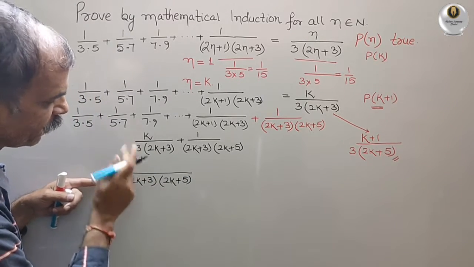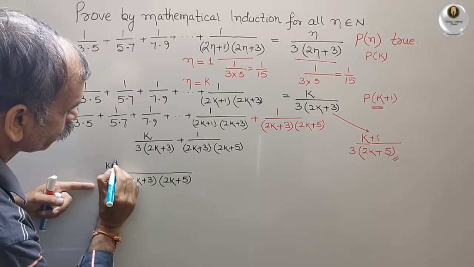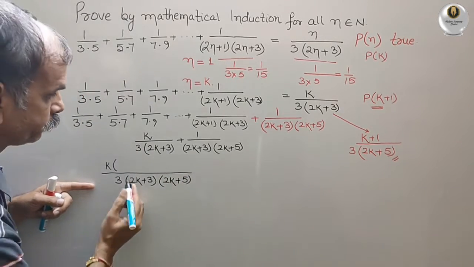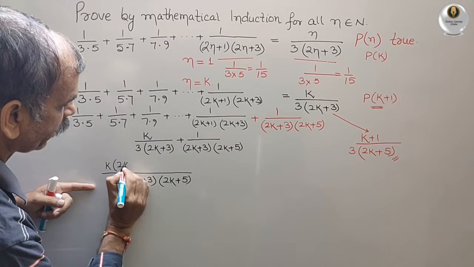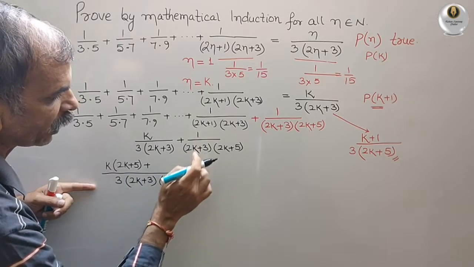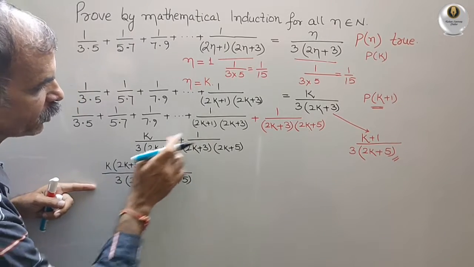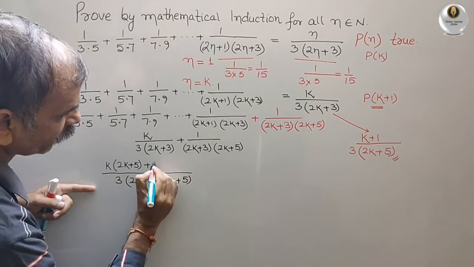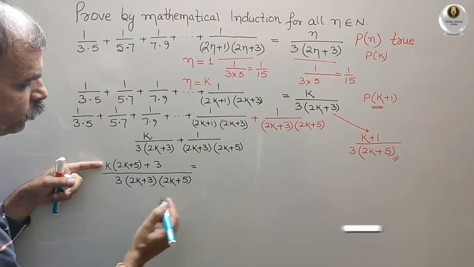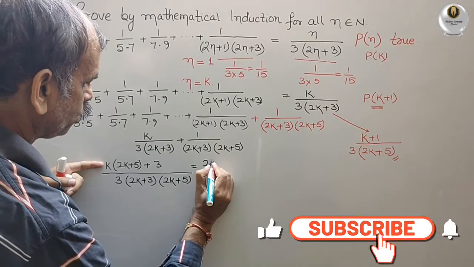So here it will come k into (2k plus 5) plus, here it is 1, that means here it will come 3 only.